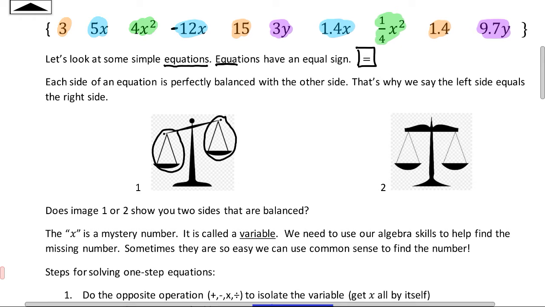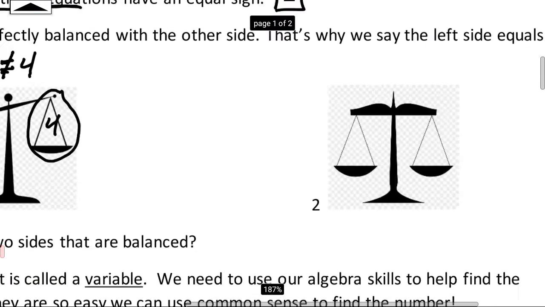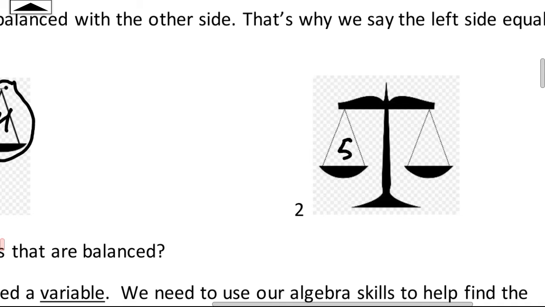Looks like this one's being pulled down more, so this one has a little bit more. So maybe if there was fruit in there, maybe this would be 5 pounds, and maybe this could be 4 pounds. Does 5 equal 4? No, it does not. So sometimes in math we say it does not equal. Okay, how about this one? Well, it looks like if there was 5 here, there would be 5 here.